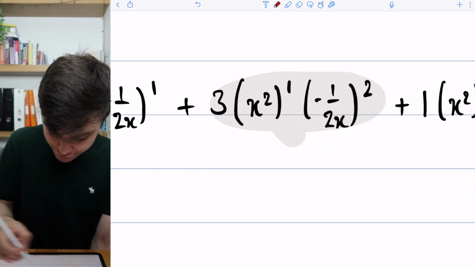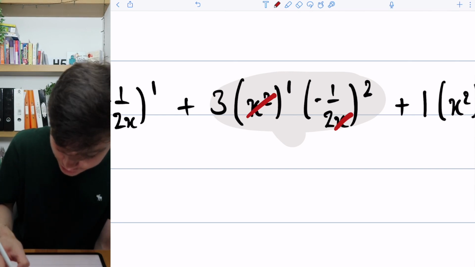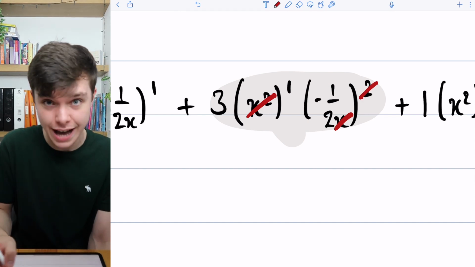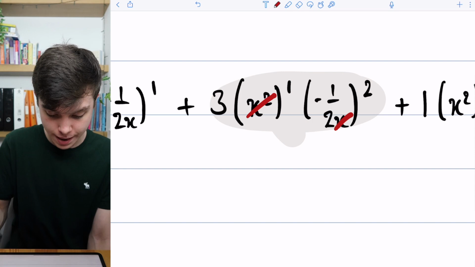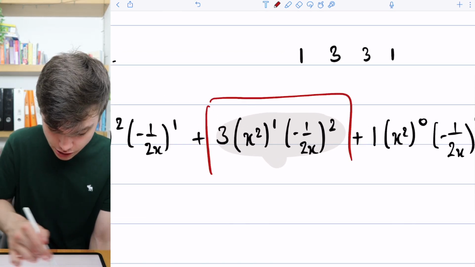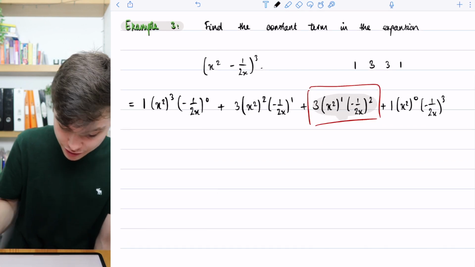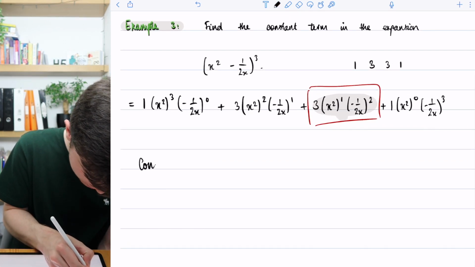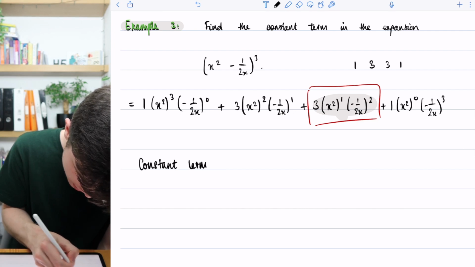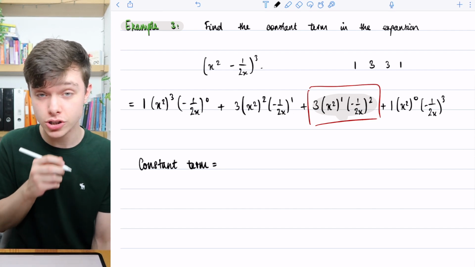So really what I have is that x squared cancelling with the x squared there. It doesn't cancel the square out, it just cancels the x squared. Okay, if that makes sense. So I'm just going to take this term here and manipulate that one. So the constant term comes from the one in the red box. And then we'll just do manipulation on that.